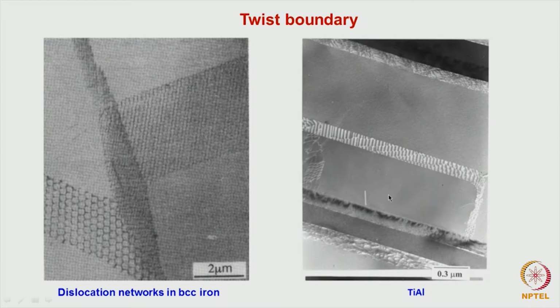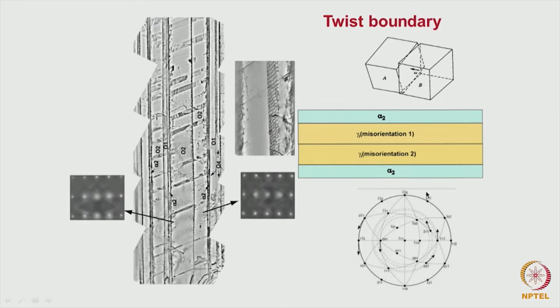In both of them, the C axes are perpendicular to each other, and the c/a ratio is not equal to 1, so a slight mismatch is there. Because of that, a twist boundary is created at the interface. You can see one type of dislocation and another type of dislocation, correct? This is another case of a twist boundary.